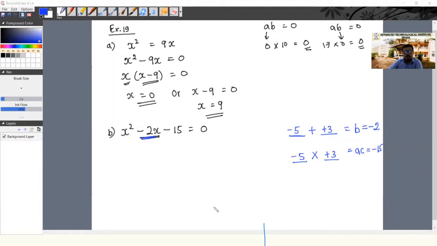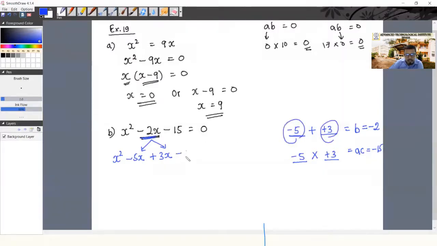Okay. Now we can split this one. So here, how should it be? x squared is there. This minus 2x we are going to split as minus 5x and plus 3x.